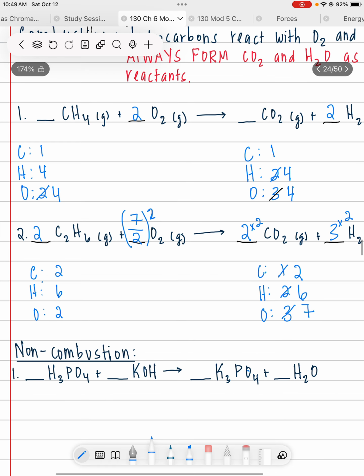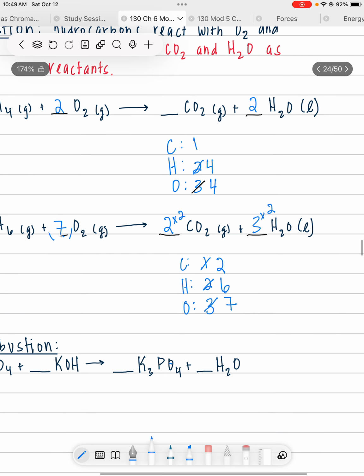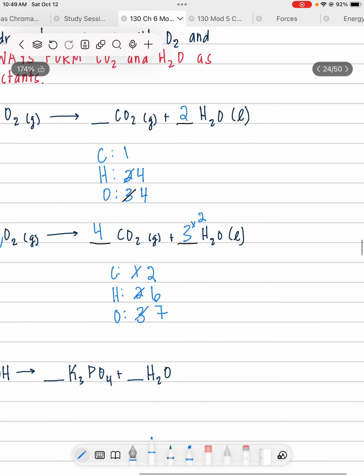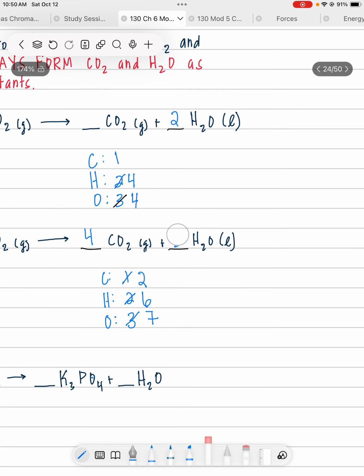All right? So now we have 2 times 1 is 2. Check. 2 times 7/2 is 7. Let's clean this up a little bit so it's not so messy. So now we have 7. Okay. We have 2 times 2 is going to be 4. And we have 2 times 3, which is going to be 6.